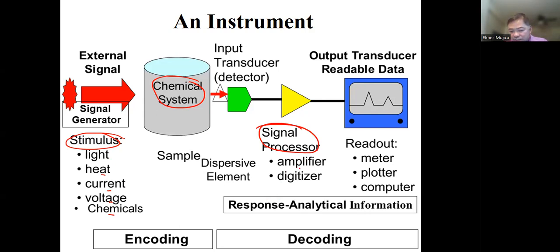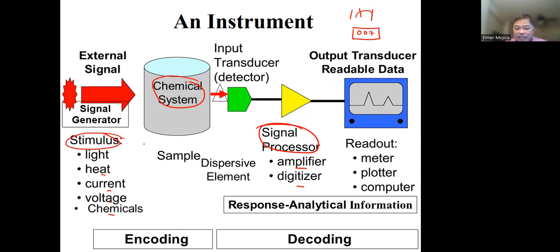That signal can be amplified or digitized, and then converted to something that you can read. So ano yung something na yun? Pwedeng analog, meron kayo nakitang line, or meron kayo nakikitang number, digital.